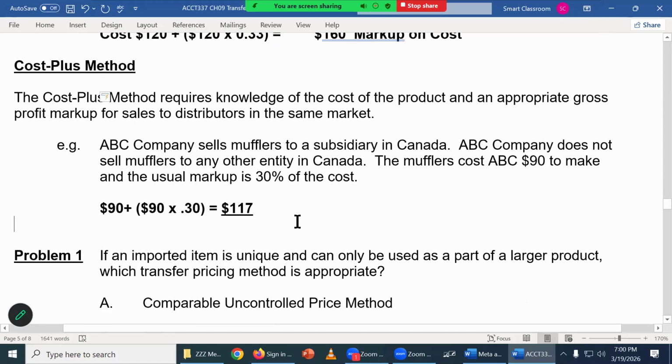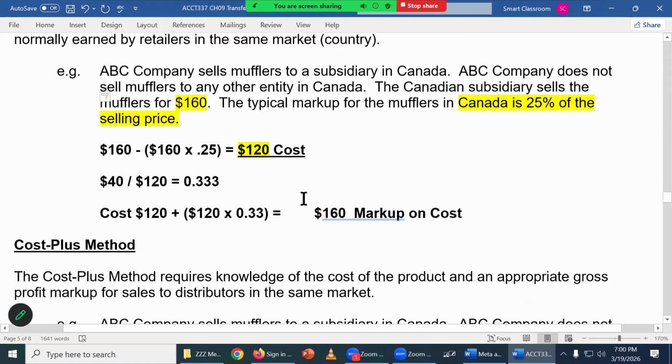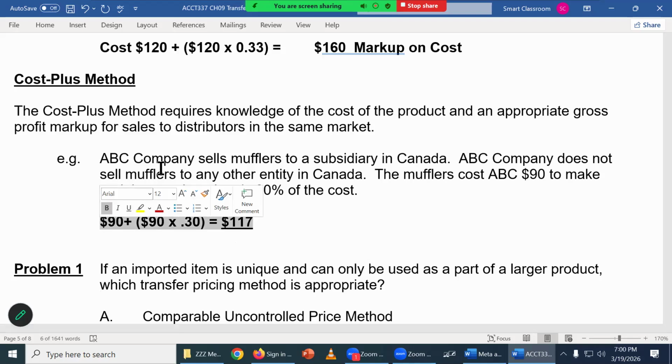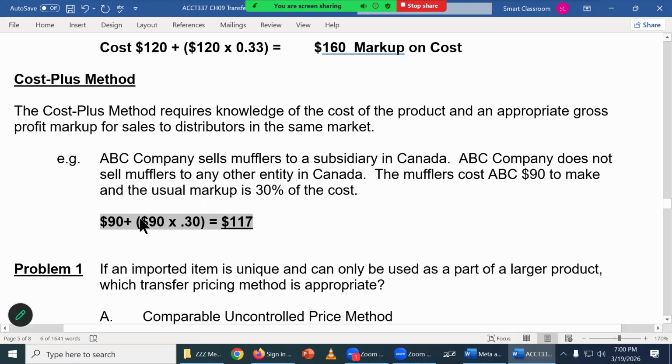Okay, cost plus. I already got this one filled in. This one's called cost plus, or also known as your teacher's an idiot and put the answer in. Either one.